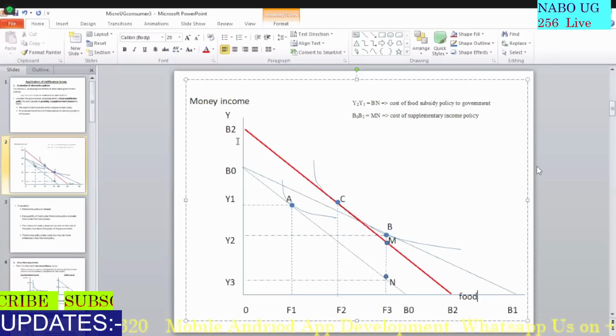And when you give him supplementary income, he buys F2. In other words, with a supplementary income, he buys less food than with a food coupon. Now, we want to ask ourselves, why is that so? Why is it that when you give him supplementary income, he buys less food than when he has the food coupon?